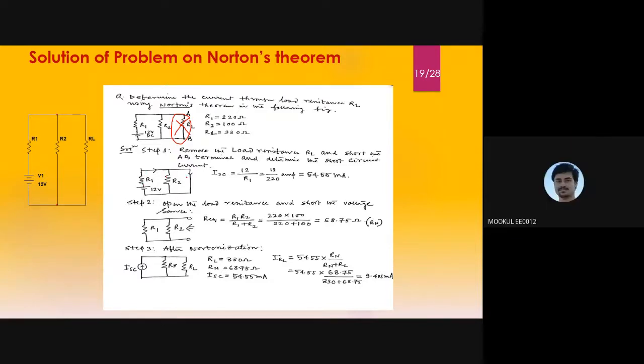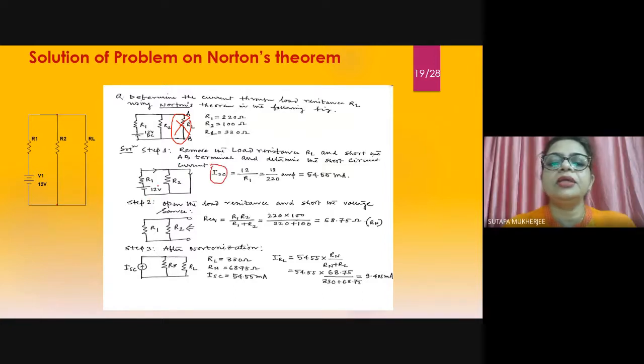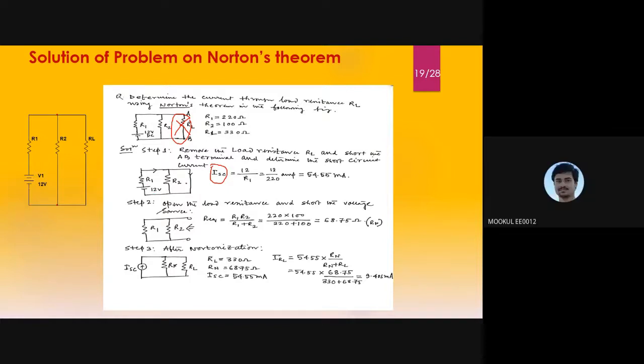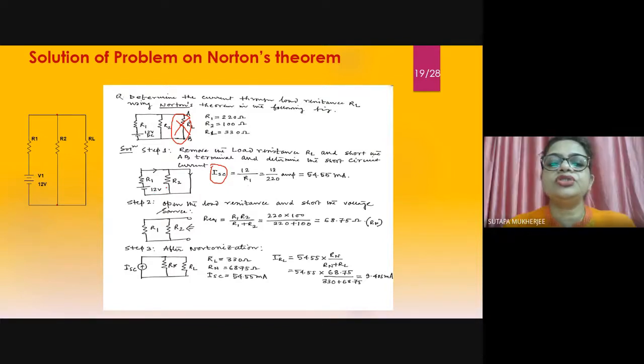It will be directly like this. I short, what will be the current? 12 by R1, plain and simple. 12 by R1, that is 12 by 220. What is the amount of that? 54 milliampere, approximately.